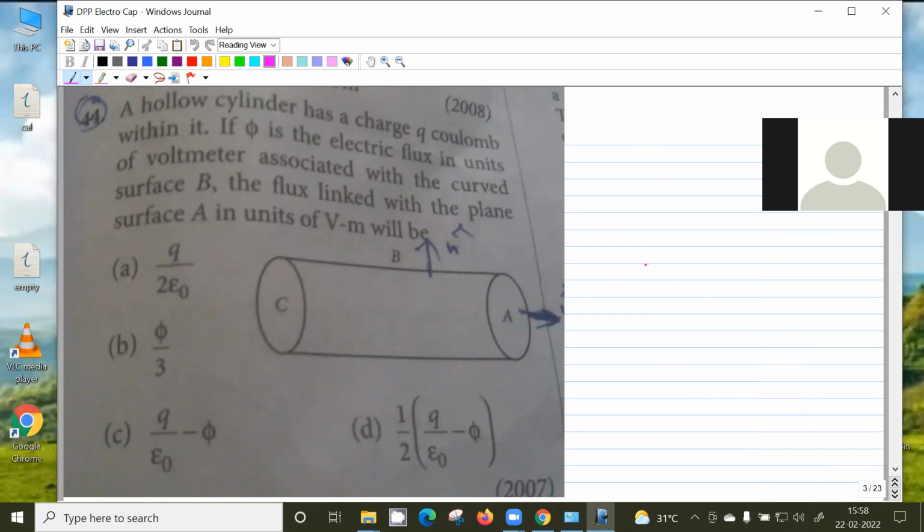I don't know why we have not solved them. Okay, so try this one. This is actually a trivial question.